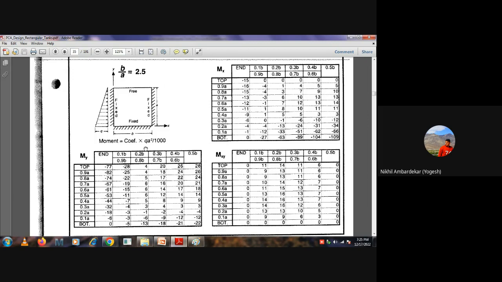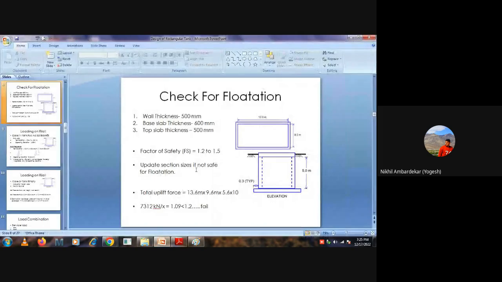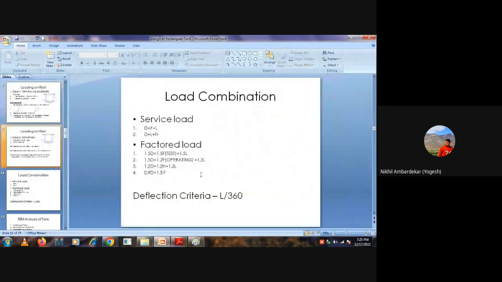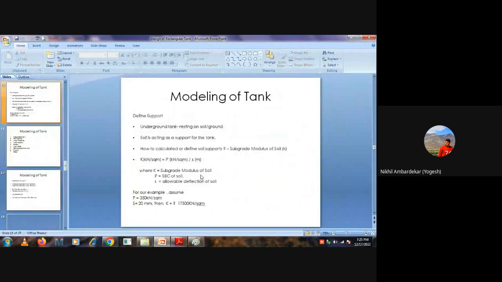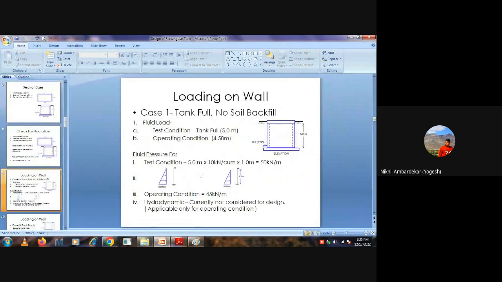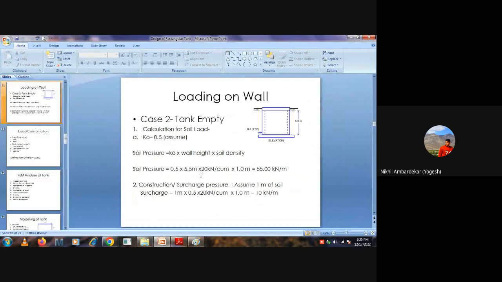Now if I go to this wall soil load calculation, where is that? Okay, soil pressure is 55.